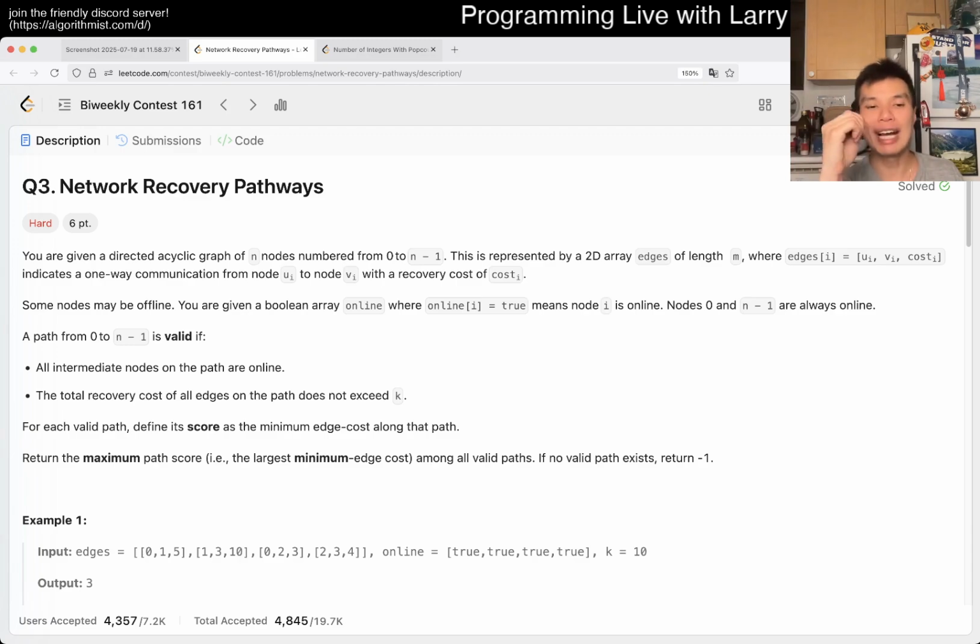If there exists a path in which the score is the target, then you can calculate the score, and that means that it exists.